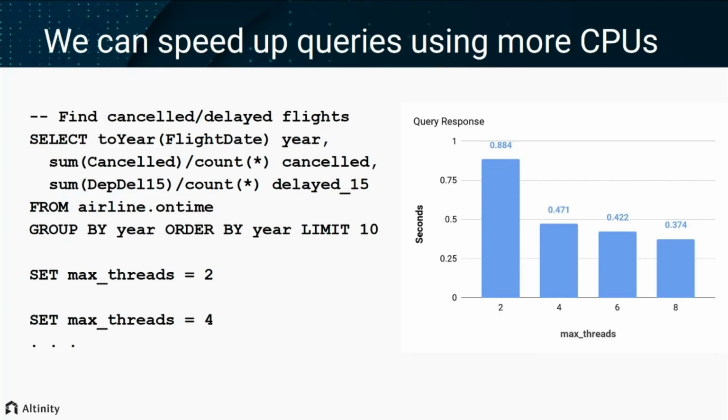Part of the reason is that there are some things that are single-threaded here, like grouping and sorting. Also, I'm actually running on a machine which is 4 cores with hardware hyperthreading enabled. So in fact, there may be some blocking on the cores as it goes to higher numbers. But the basic idea is that if you have the CPUs and give them to ClickHouse, it will use them, which means your query goes that much faster.